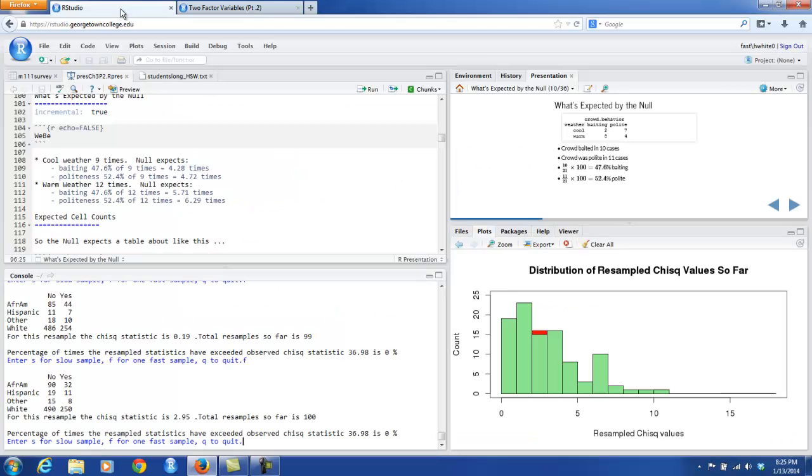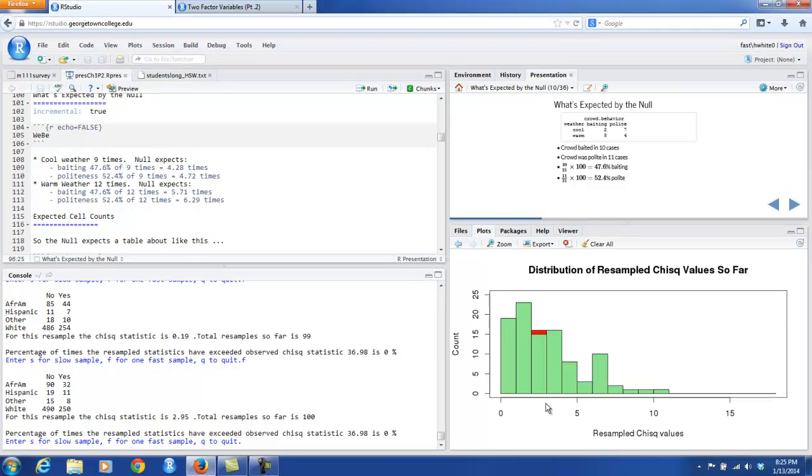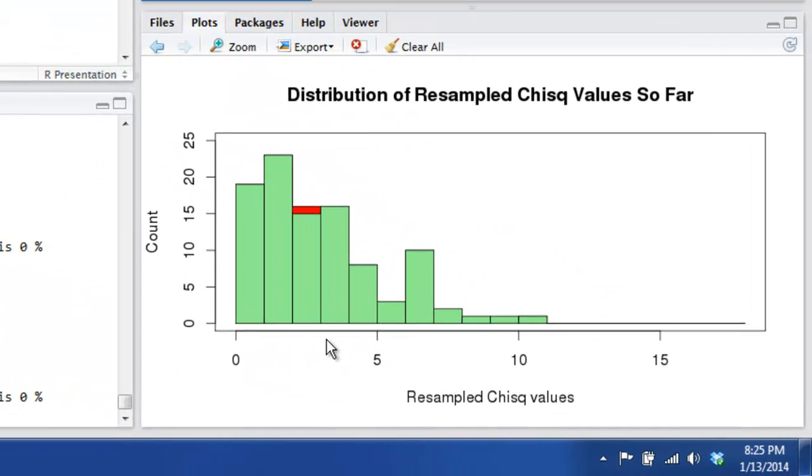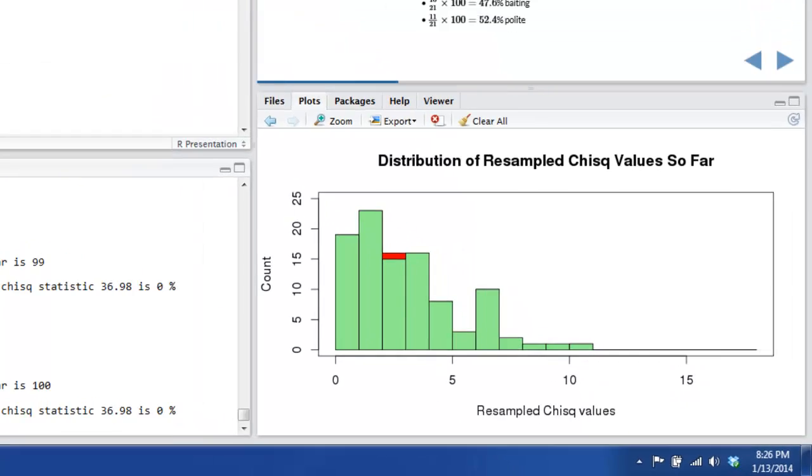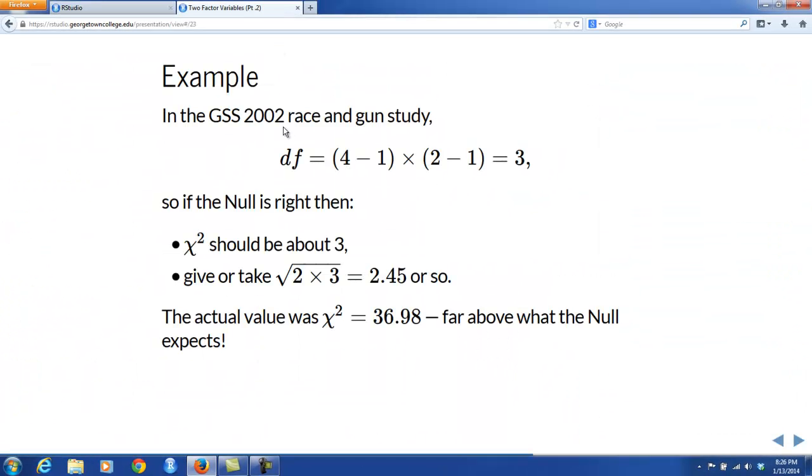Let's look back at our histogram. Here's 3 on the x-axis, and sure enough, 3, give or take 2.45, covers a lot of the values that we got. Now, the actual value of the chi-square statistic in the study was almost 37. That's very far above what the null hypothesis is expecting.